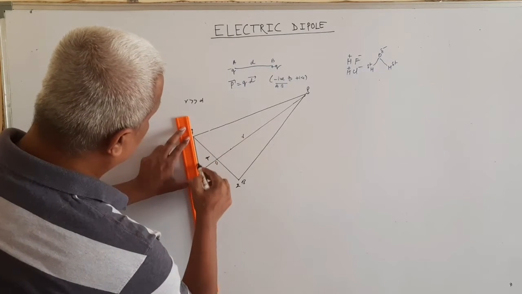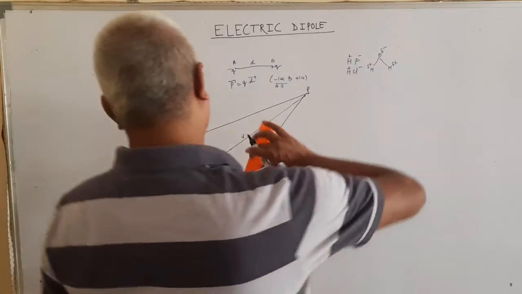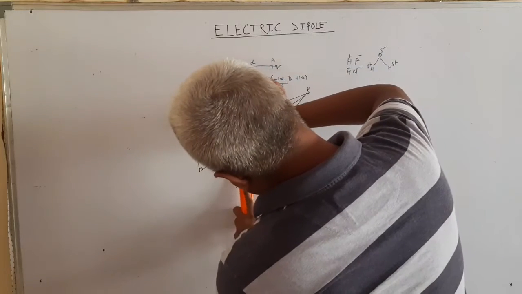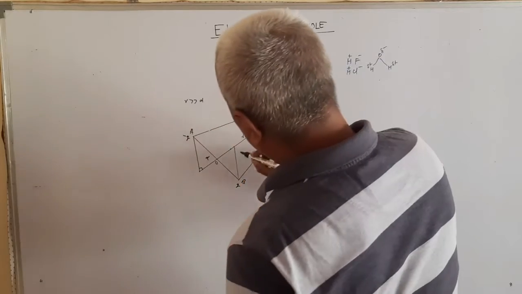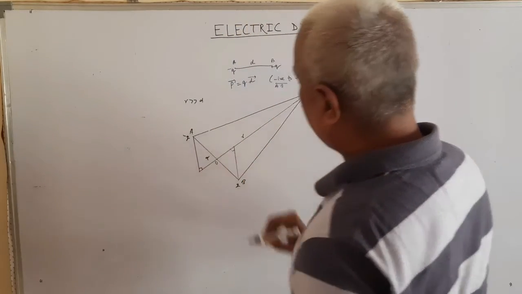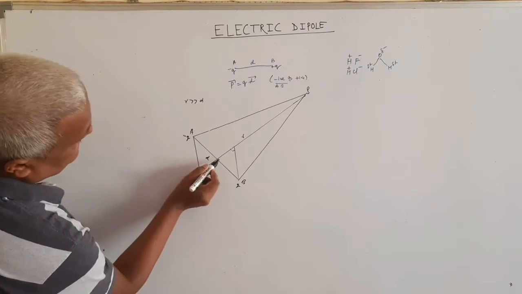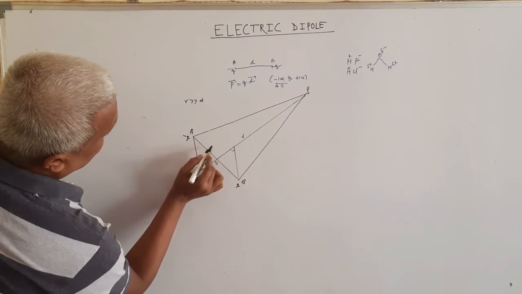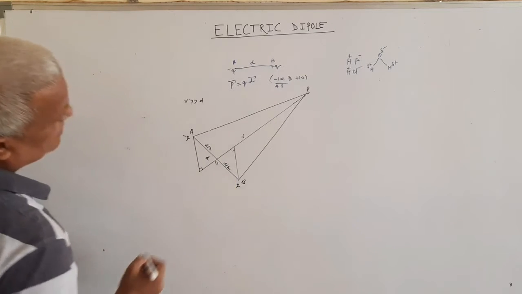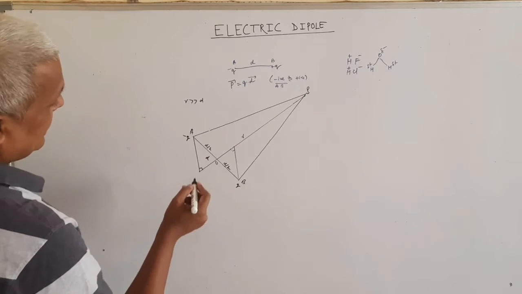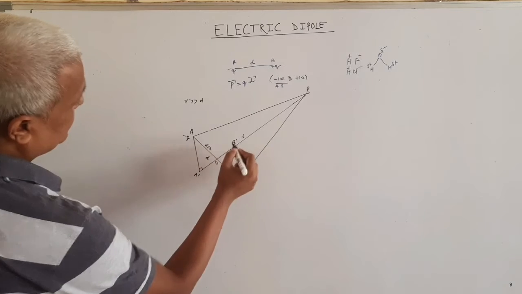I'll drop a perpendicular from here, and the same way from here. Pardon me if the diagram is not up to date. This is the perpendicular, this is the bisector, so this is D by 2 and this is also D by 2. Now this is my A dash and this is my B dash.